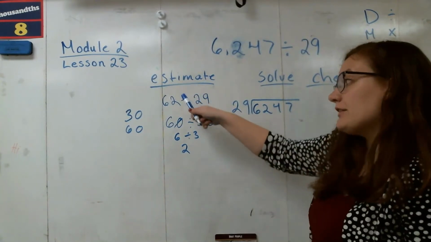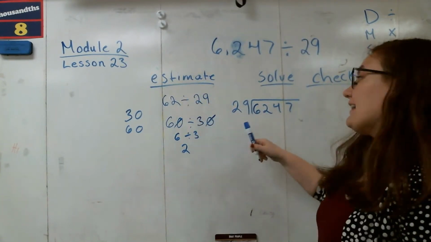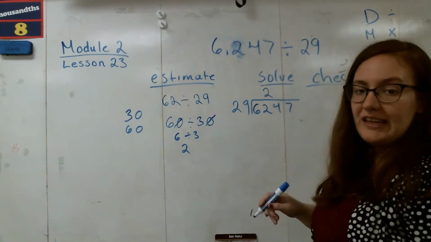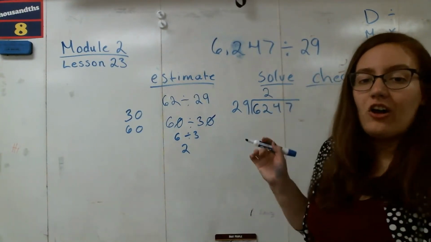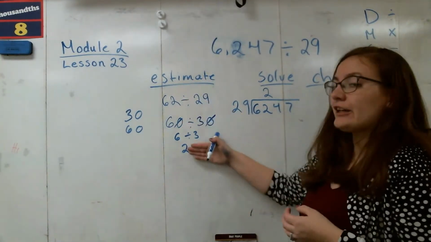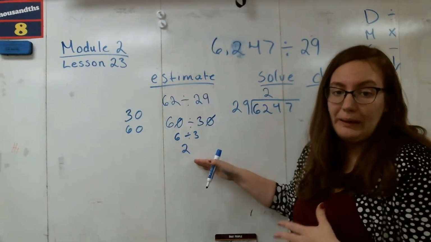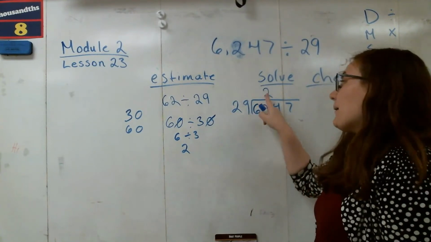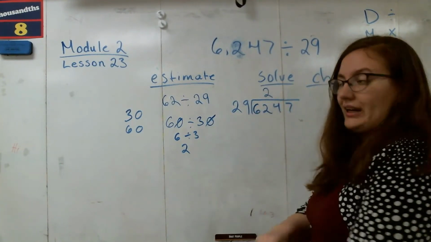And the reason why we do all this work is that that gives me a starting point for my problem. So instead of just guessing and checking all these different numbers, I have a closer guess to what my answer could be. Remember, this number is not always going to be exactly correct, but at least it's a starting point.